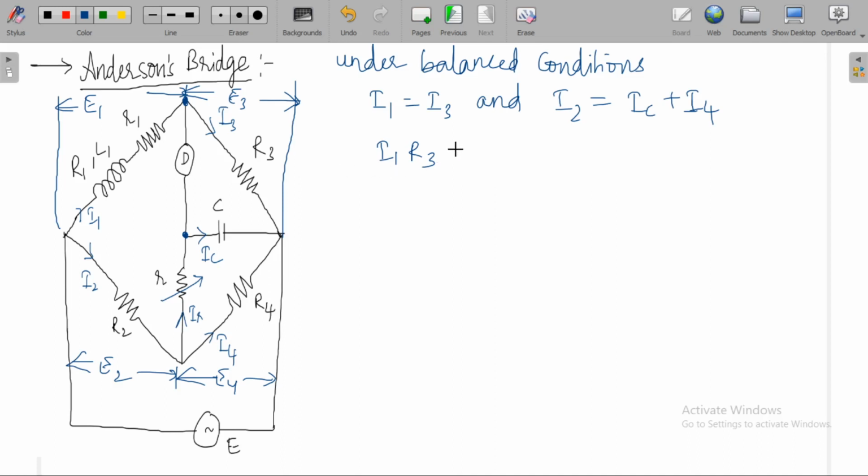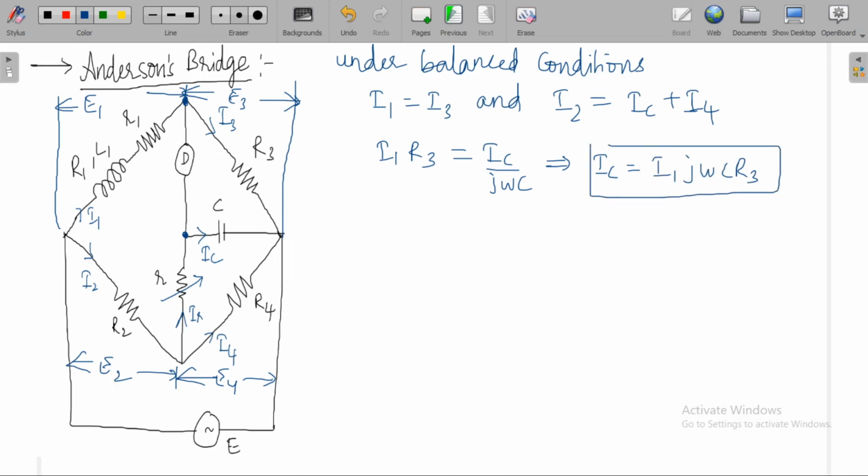I1 R3 is equal to the voltage across the capacitor, IC by j omega C. From this, IC is equal to j omega C I1 R3. This is IC.